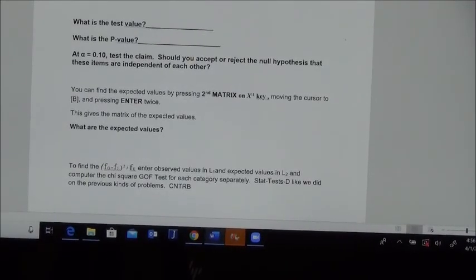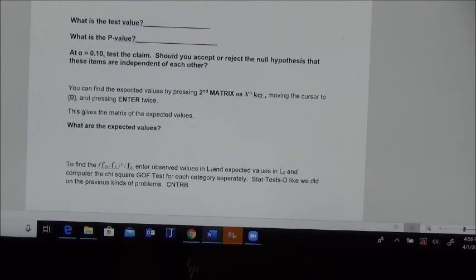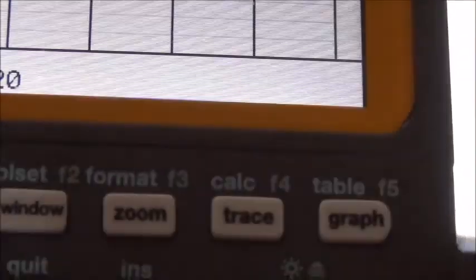Alrighty. Now what we're going to do is the goodness of fit test for each of those. The urban separately, the suburban, and the rural. So I am going to go to my calculator. I am going to hit stat. I am going to do number 1 to edit. And I am going to go ahead and do the urban, 15, 12, and 8.